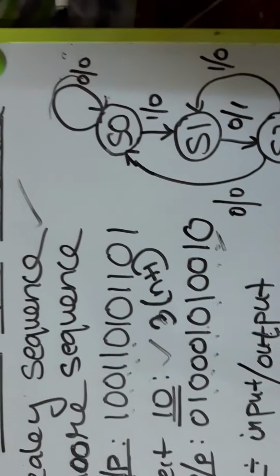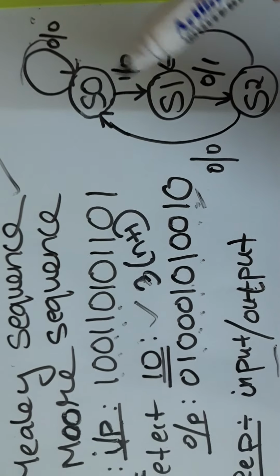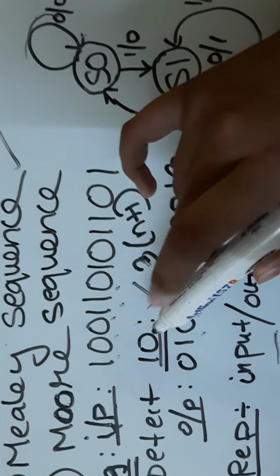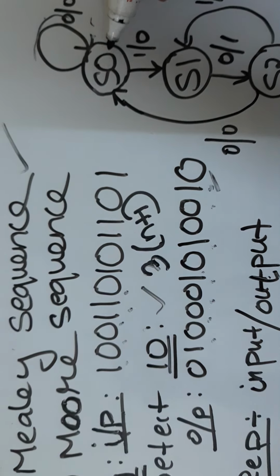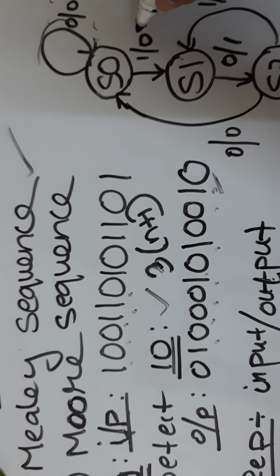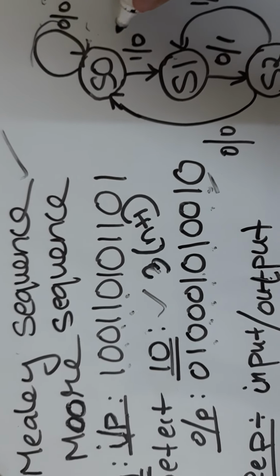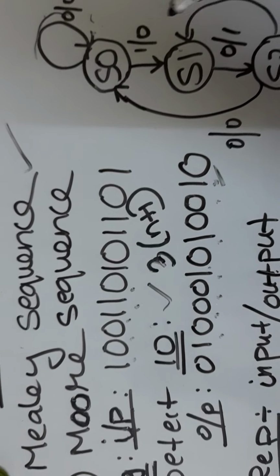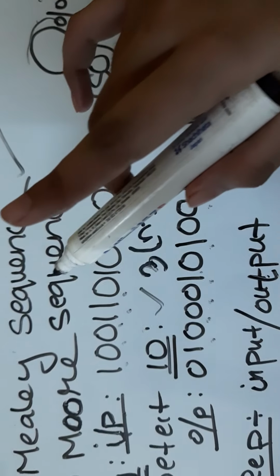Now let's see. What if my first bit is 1? Here also I need my first bit to be 1. So then it will move to the next state S1, but my output will still be 0. So 1/0. Next, now I have got a 1.